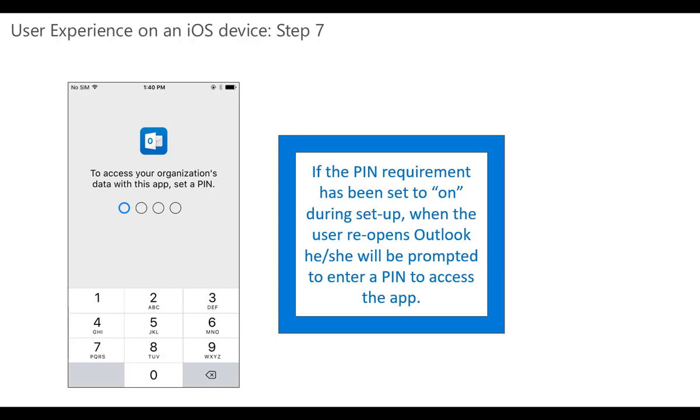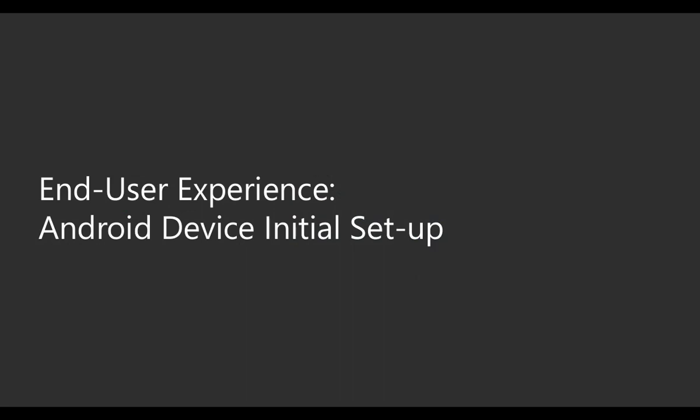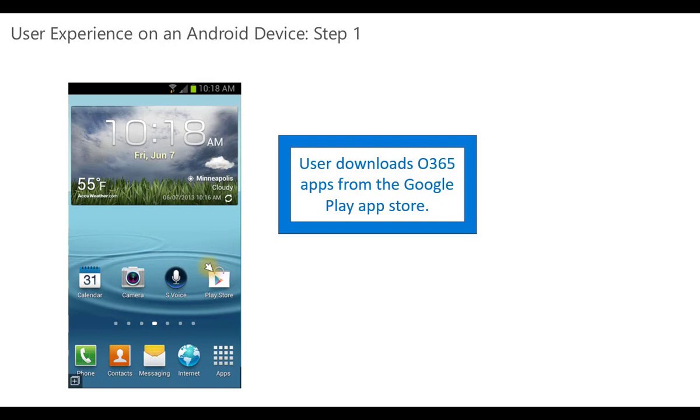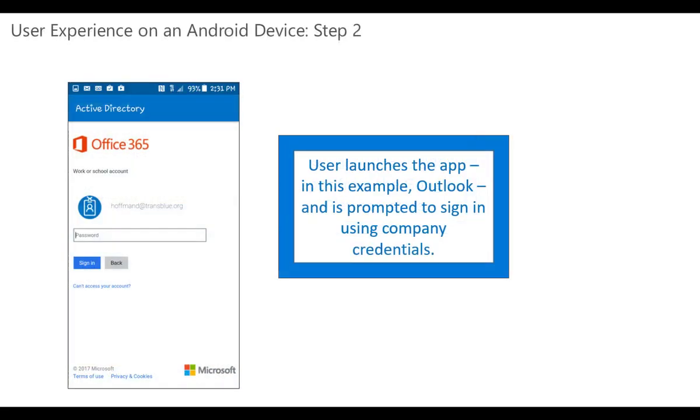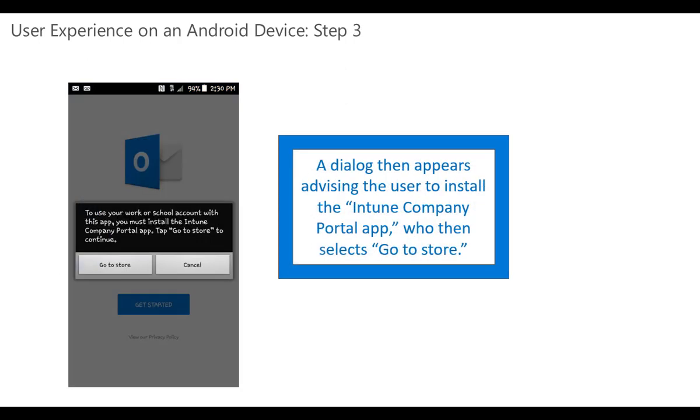So let's again look at the initial setup here for an Android device. The user is going to download the applications from the Google Play Store again, so Outlook, SharePoint and so on. When they launch those apps, in this case Outlook, they'll be prompted to sign in using their company credentials.